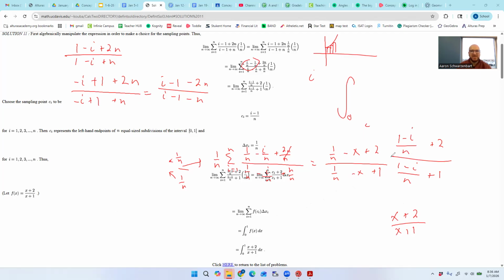Okay. Does that kind of make sense? So you're looking for something that's an i over n. This minus 1 doesn't really matter because it's on both of them. They're calling that c sub i.